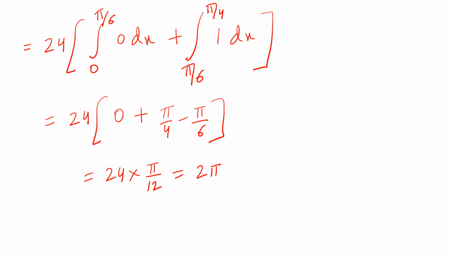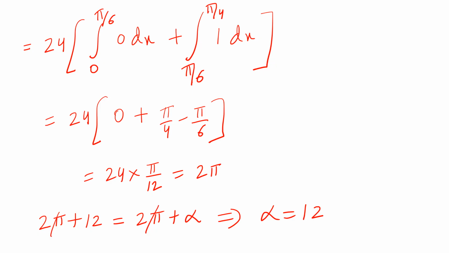Now students, the value of the required integral becomes 2 pi plus 12. And this is given to us equal to 2 pi plus alpha. So that means the value of alpha is equal to 12. So this is the right answer of the question.